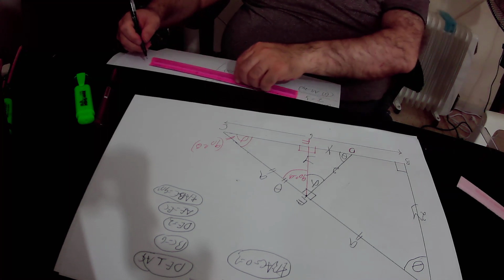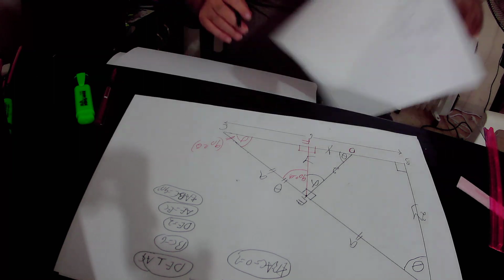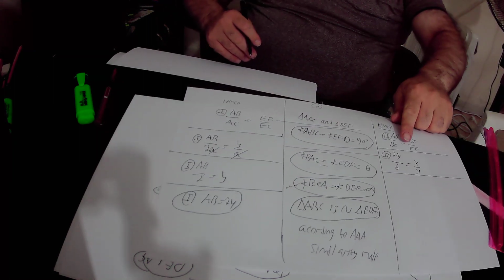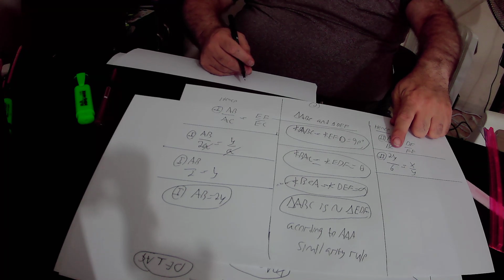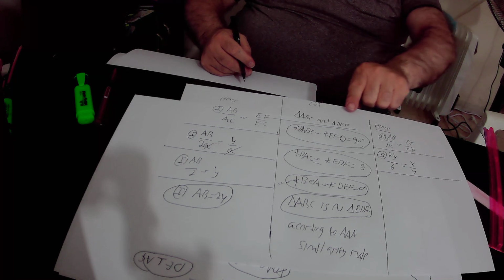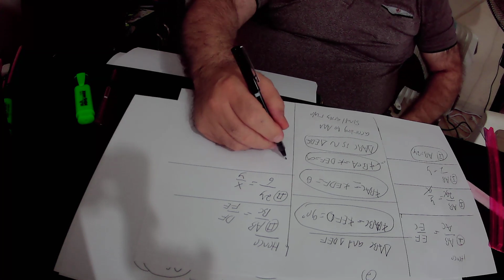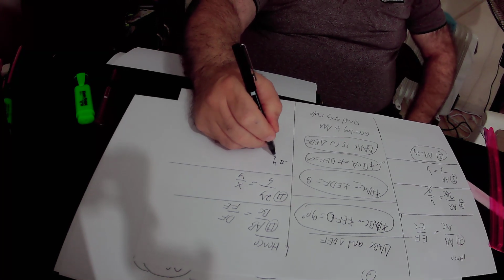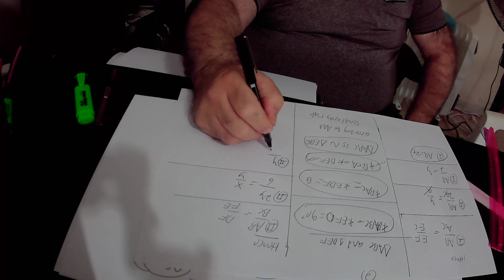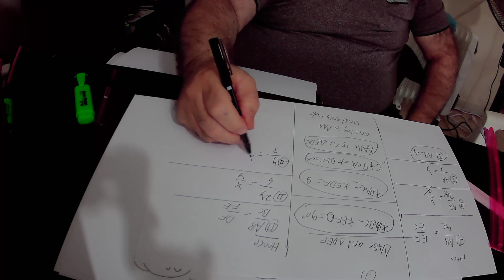So in conclusion, we found out that according to equation number 2, 2y over 6 equals x over y. Here we will divide both the numerator and the denominator of this side of equation number 2 by 2. And we will get that 2y over 2 is y, and 6 over 2 is 3, and this is equal to x over y.